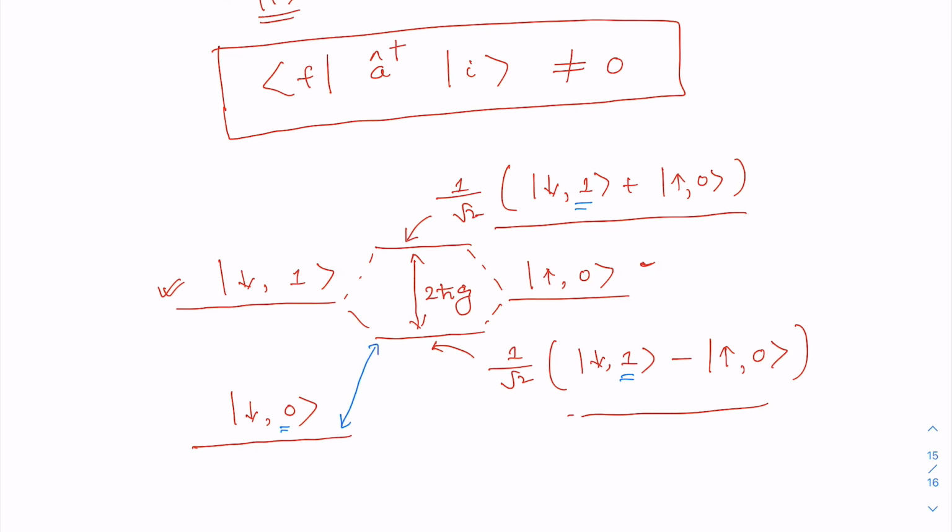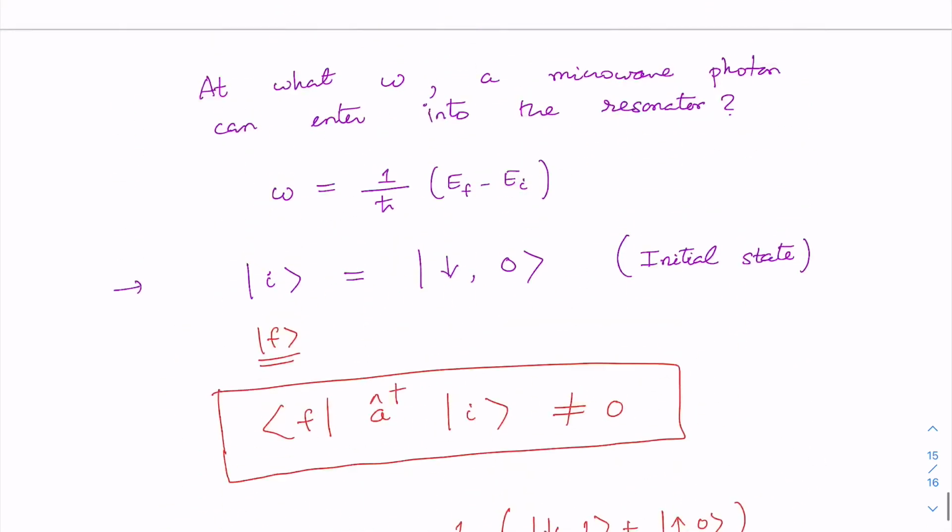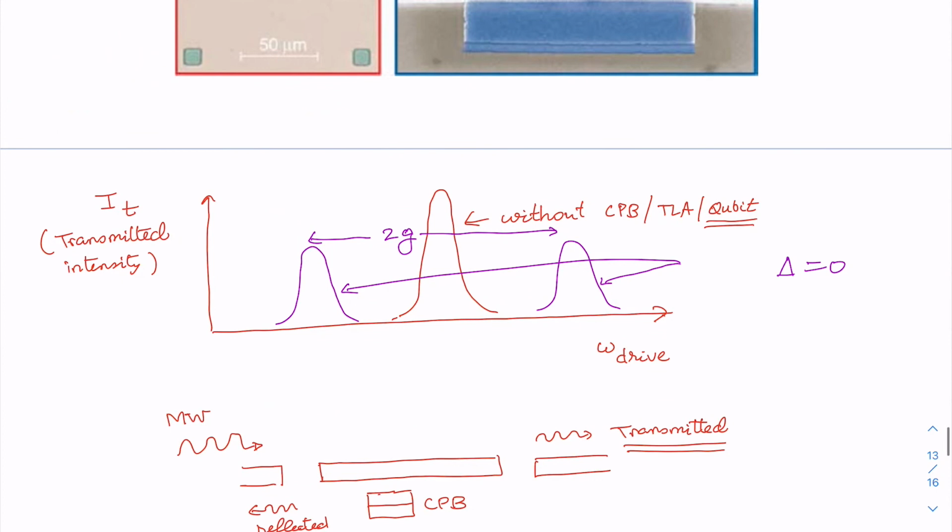One transition would be this one and another transition would be this one. From this, it is easy to see the reason behind observing these two peaks. Because of these two possible transitions, we get two peaks.